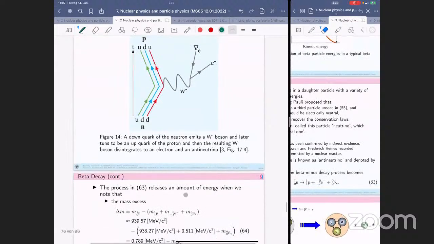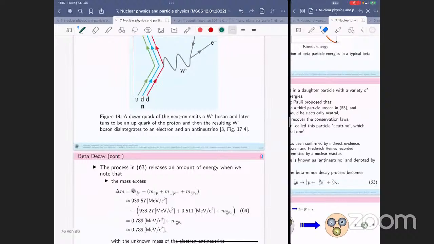The process in 6.3 releases an amount of energy when we know the mass excess. The mass excess is the mass of the neutron, on the left-hand side, minus the mass of the proton, the mass of the electron, and the mass of the electron anti-neutrino.